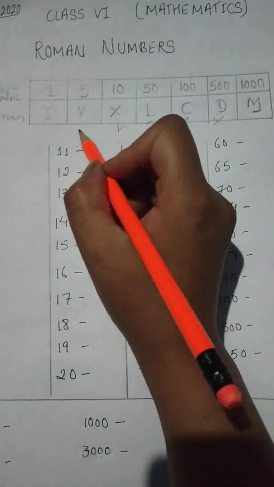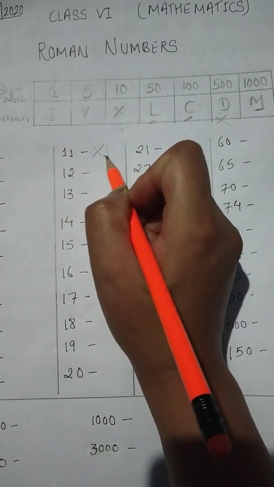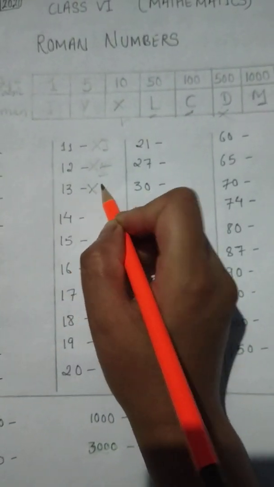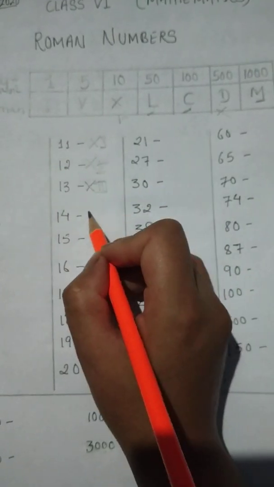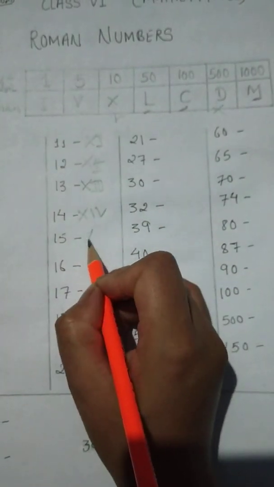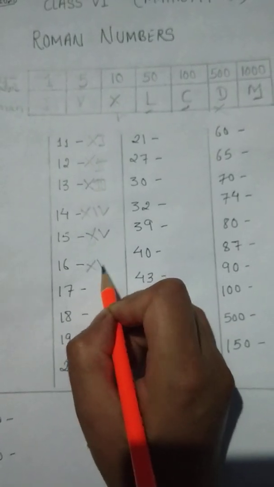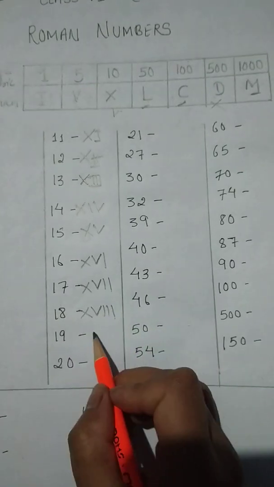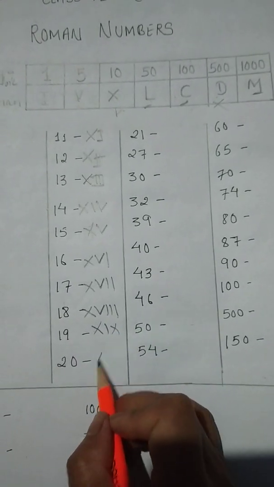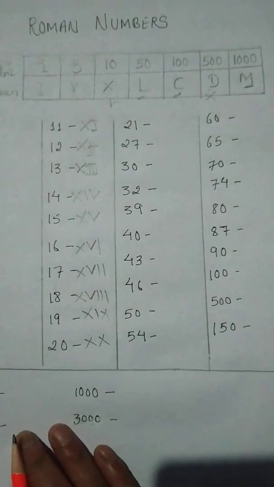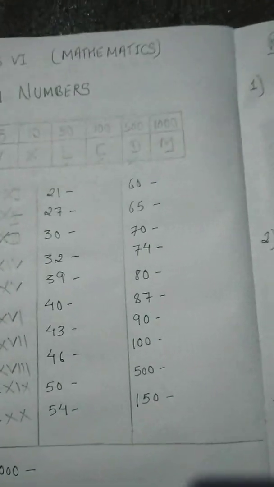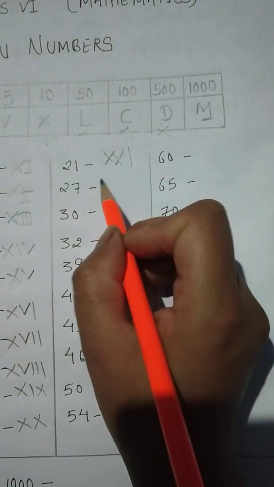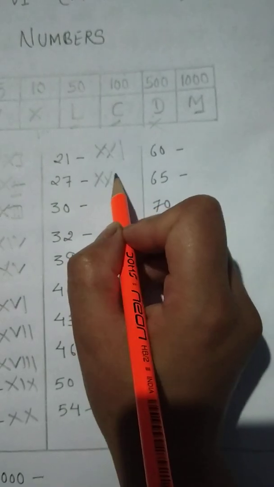Now let's write 11. 11 is written as XI. 12 is written as XII. 13 is written as XIII. 14 is written as XIV, XV, XVI, XVII, XVIII, XIX, and 20 is XX, because there is no particular symbol for 20. Now next we have 21. 21 is written as XXI. 27: X is 20, and for 7, VII.